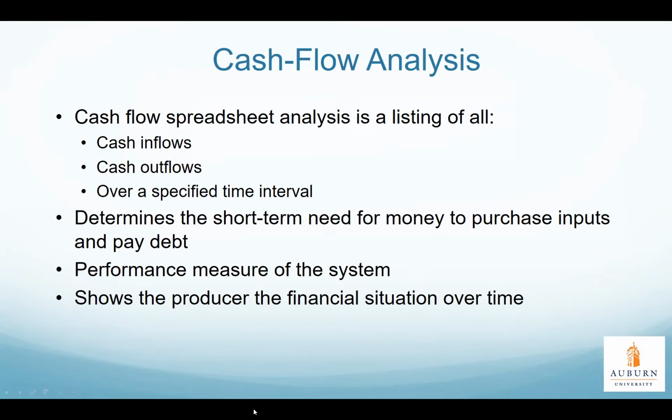That's all of our sales or any money that the owner operator needs to put into the business. It includes all of the money going out, that is when we're paying for feed or paying for fingerlings or paying for plant seed, et cetera. And it's over a specified time interval. As I said, we'll look at it monthly over 12 months.